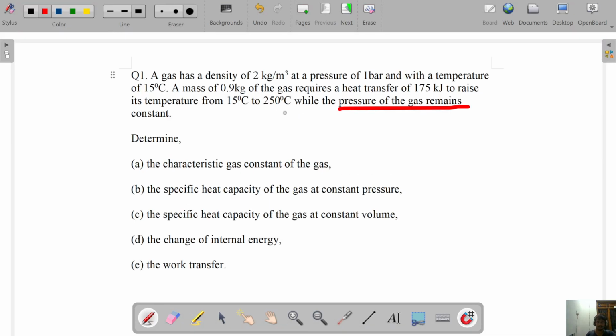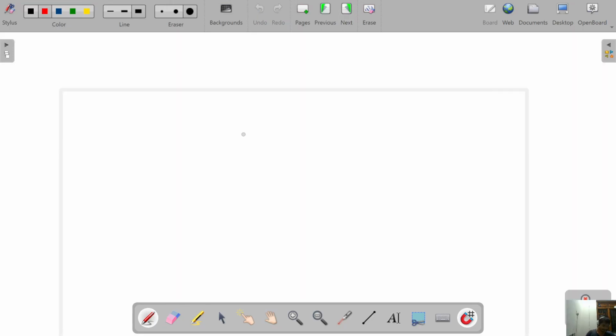If you want, you can take a screenshot of this question. We can move to the answer. First, we have to find the characteristic gas constant. Now, the given data is the density of the gas.